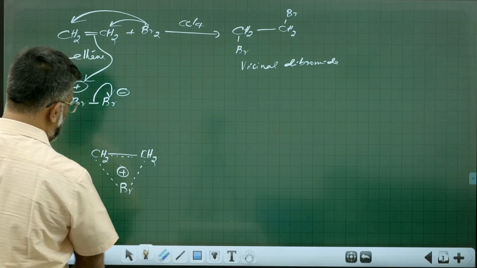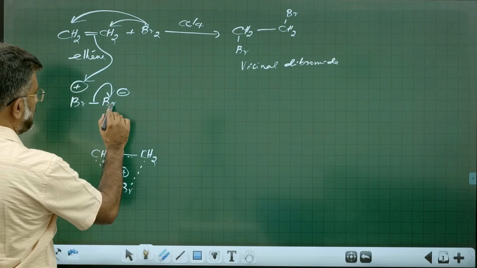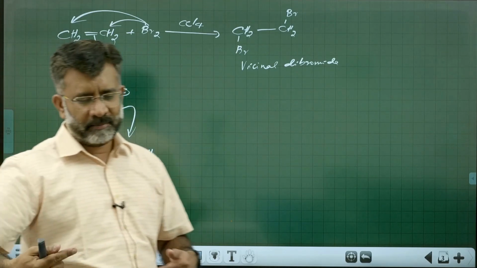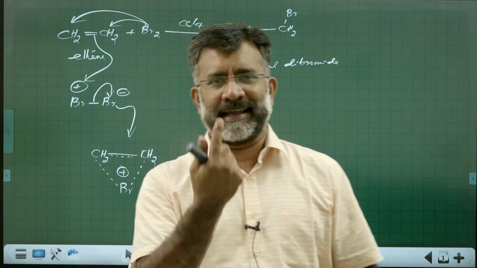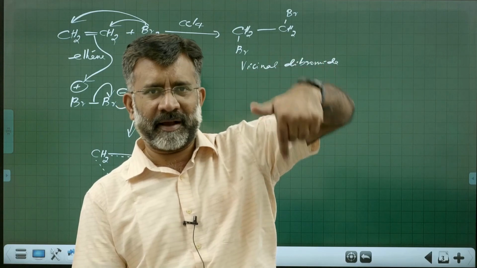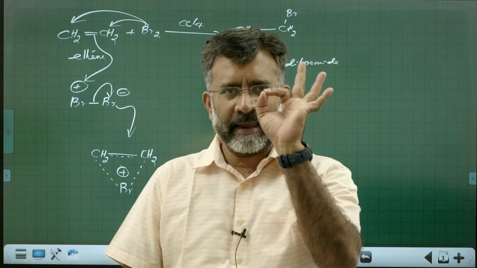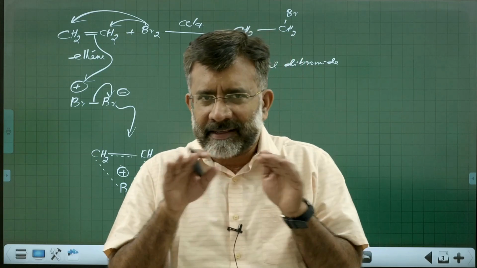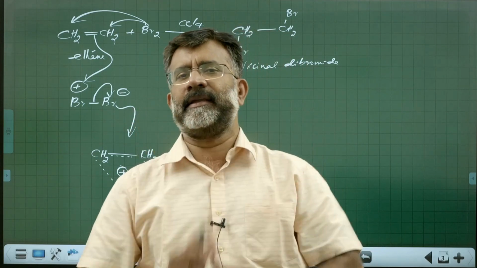The second Br minus attacks from the opposite side. One bromine attacks from one side, the other from the opposite side, which is called anti-addition. So bromination generally is anti-addition.